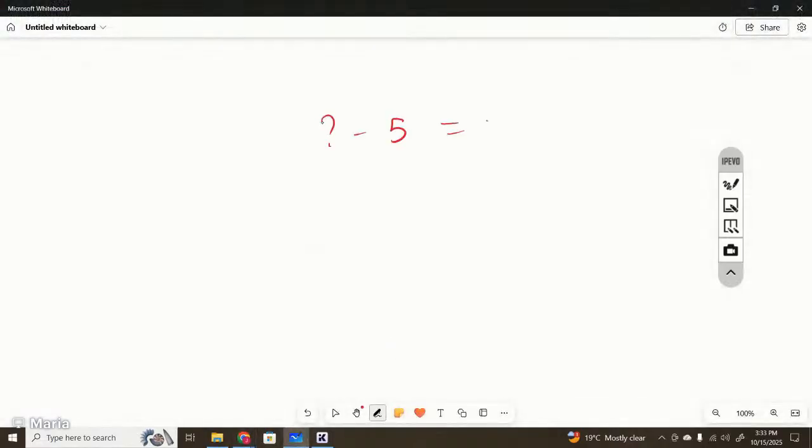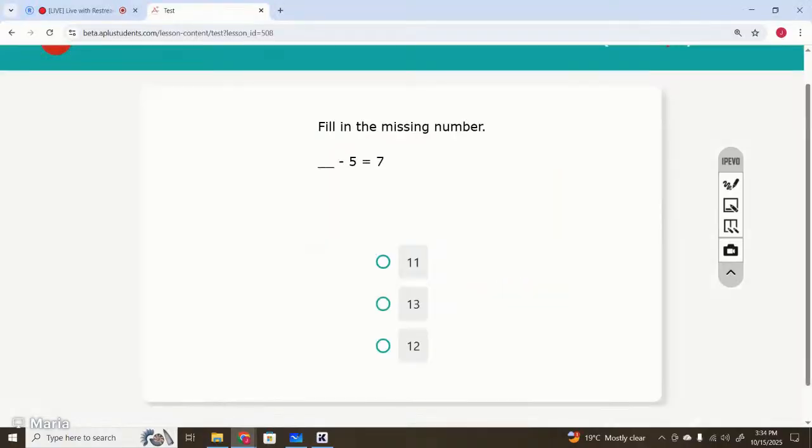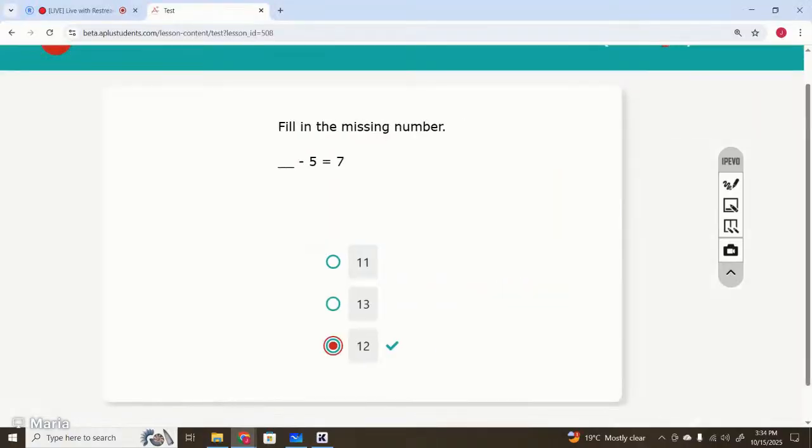So you need to add the smaller number both sides. 5 minus 5 is 0, so 7 plus 5 is 12. The correct option is 12. Option number 3 is the correct option. 12 it is.